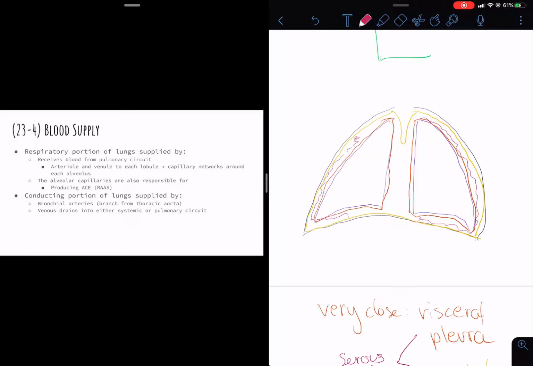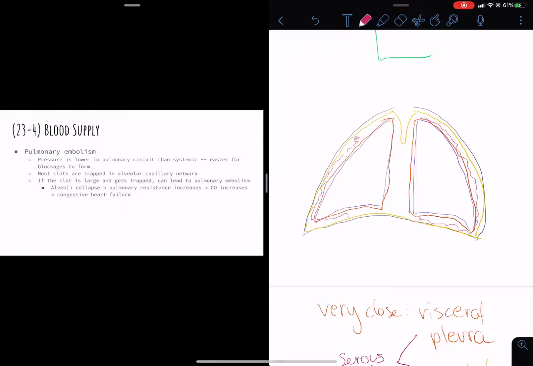Then we have those alveolar capillaries where the diffusion of O2 and CO2 is occurring, and within the endothelium itself, those cells are able to register differences in blood pressure, and depending on that, they will produce ACE, or angiotensin converting enzyme, which is a part of our RAS system, as we had learned previously. Okay.